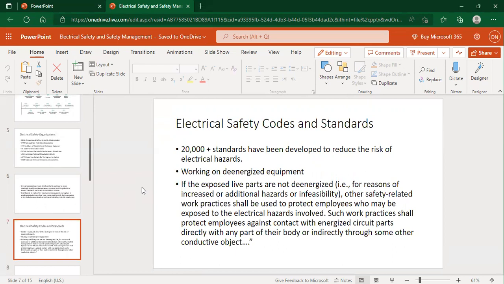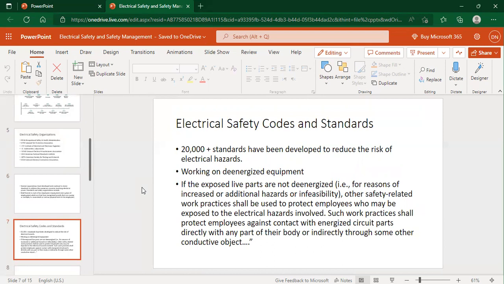Working on de-energized equipment. If the exposed live parts are not de-energized, for reasons of increased or additional hazards or infeasibility, other safety related work practices shall be used to protect employees who may be exposed to the electrical hazards involved.